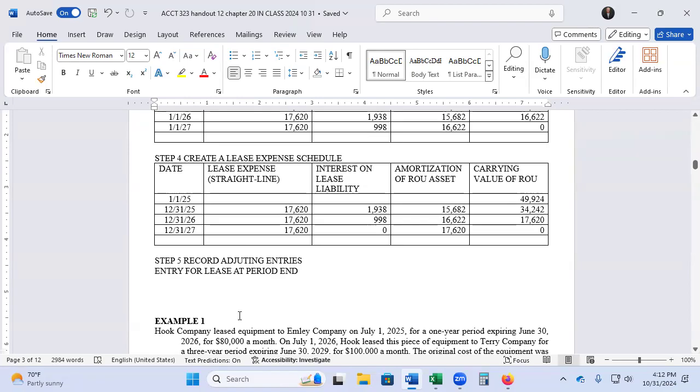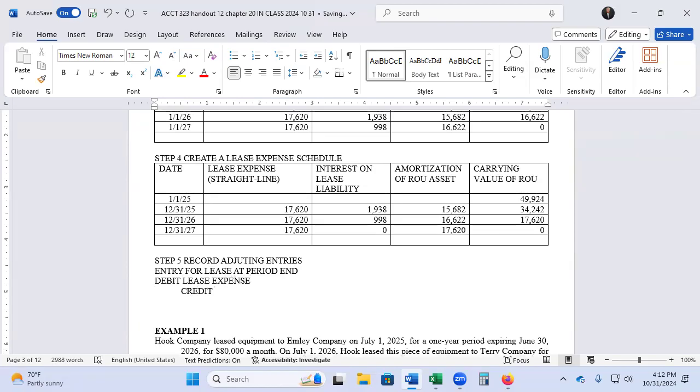So if we're going to record entries, we would debit lease expense and we would credit right to use.